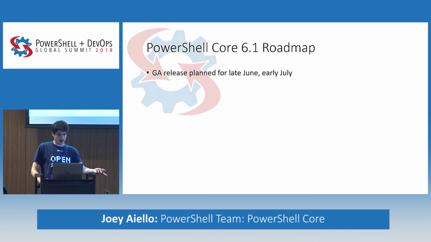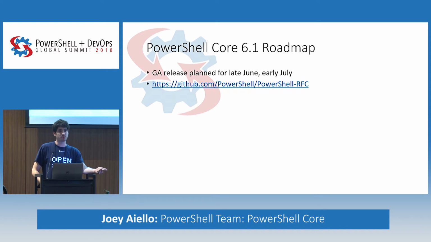Okay. PowerShell Core 6.1 roadmap. So release is planned for late June, early July. Check out the RFC repo. This is where we put effectively specs; RFC stands for request for comment. We heavily borrowed from standards-based committees like DMTF for this sort of thing, as well as our friends at Chef, who gave us some great tips on managing community stuff.